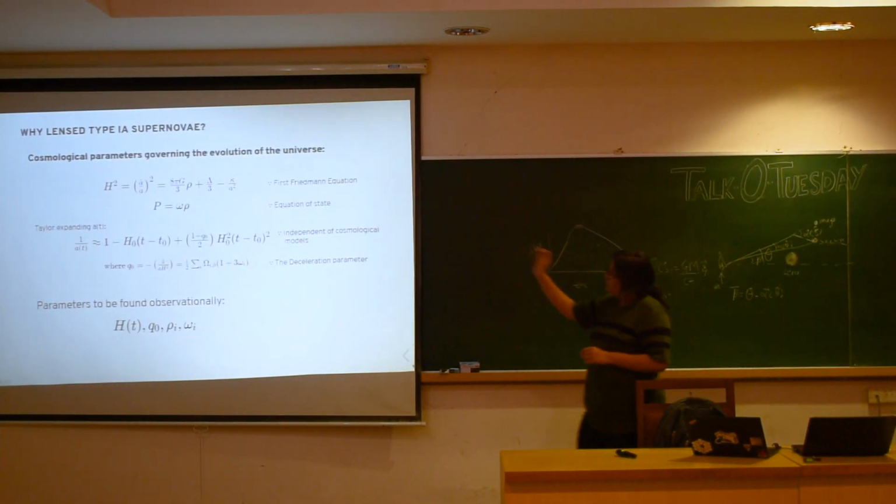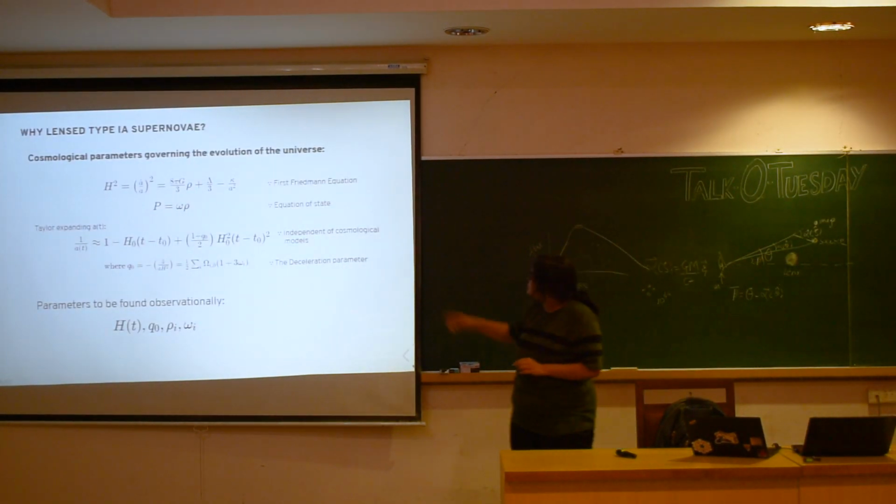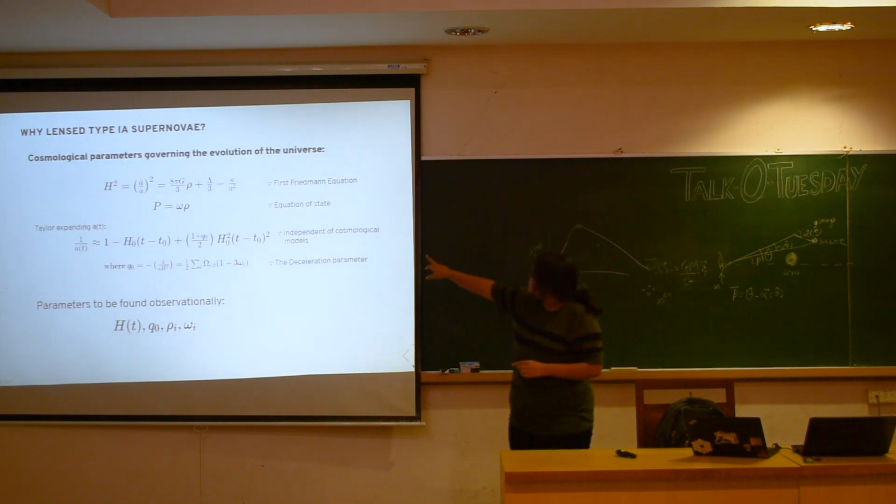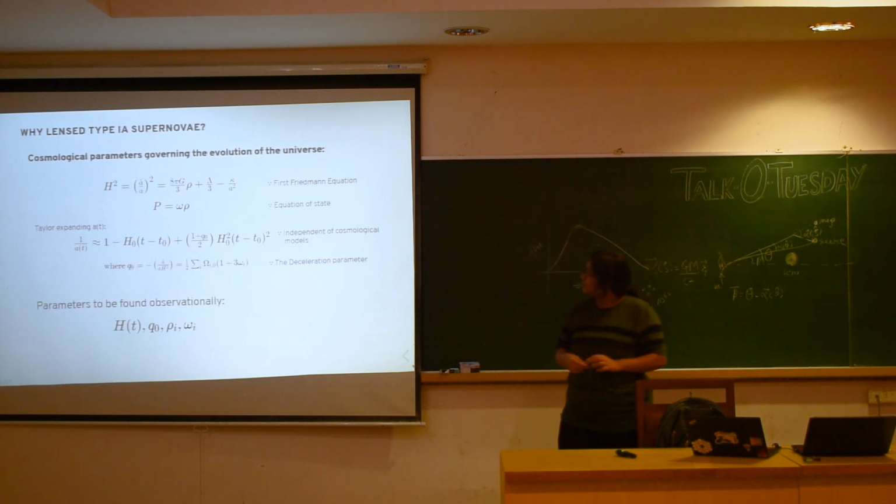So to give a background, I will just lay out these equations. On cosmological scales, the evolution of the universe is governed by the first two equations. First is the Friedmann equation, which has H squared, where H is the Hubble parameter, okay?